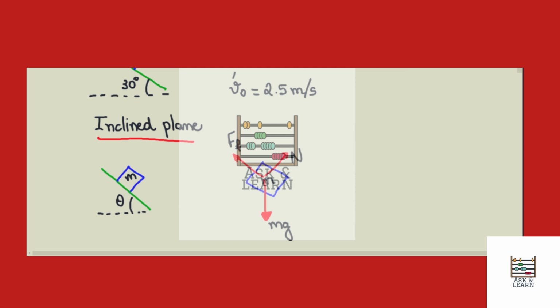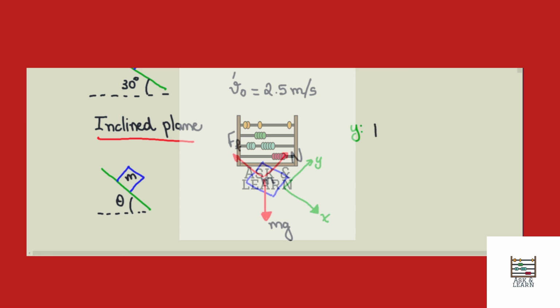And I'm going to choose a system of coordinates such that the x-axis points along the incline but downwards, and the y-axis points perpendicularly to the incline upwards. So let's write the sum of the forces in the y component.